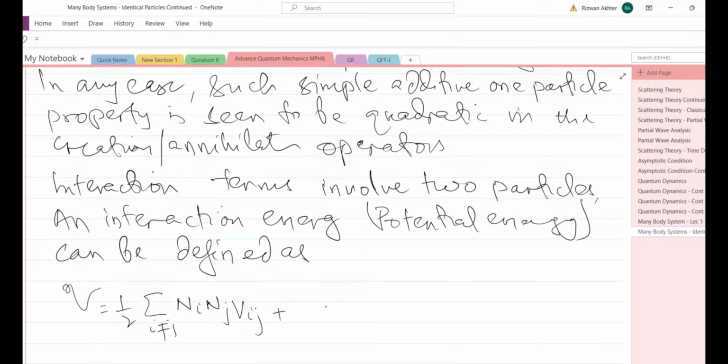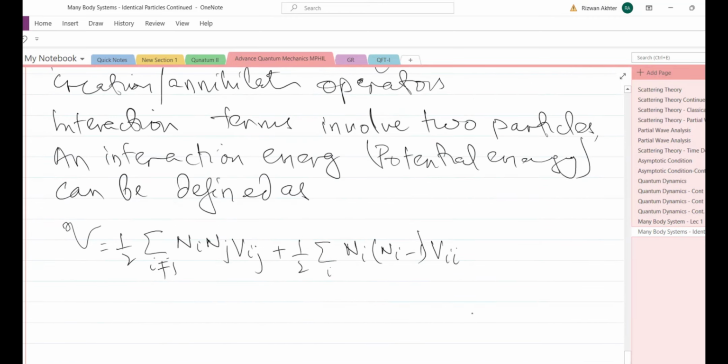So that is true only for bosons, but not true for fermions. So there could be a second term, and this second term would correspond to Ni into Ni minus 1. So this is basically some sort of arrangement or permutation. But the second term is only there when you talk of more than one particle in one state.